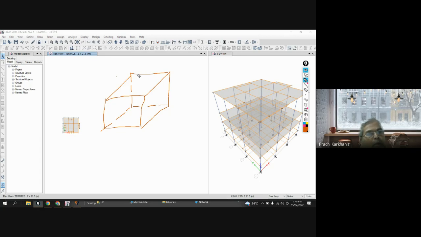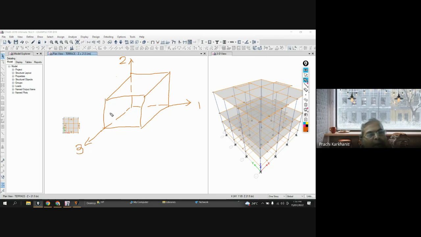Okay. Now let us say that I will talk about this is one axis, this is another axis, and this is the third axis. Now I will follow the conventions that are used in ETABS. So this axis is called the 1 axis. This axis is called the 2 axis, and this axis is called the 3 axis.